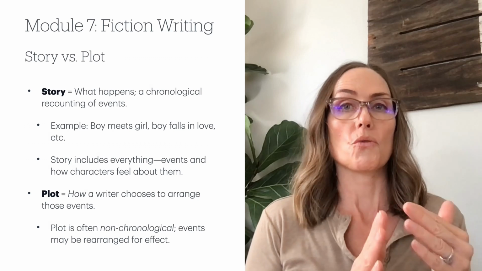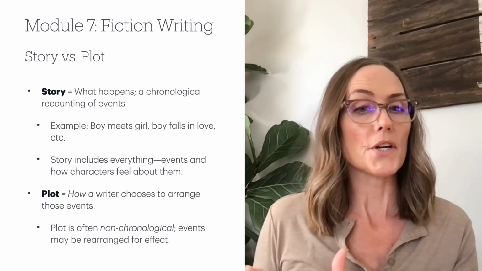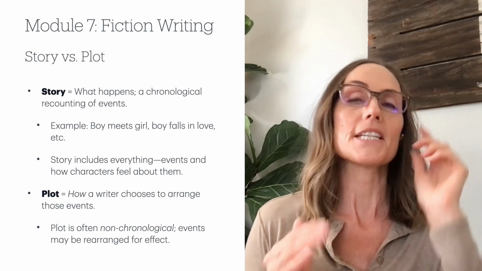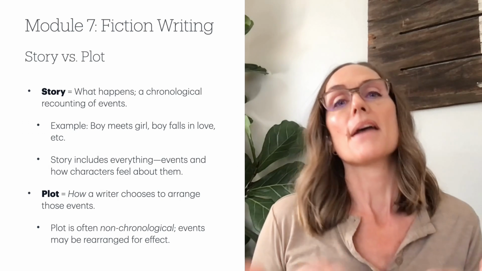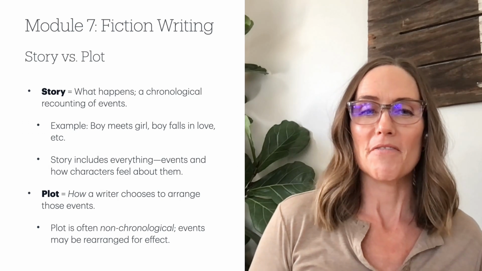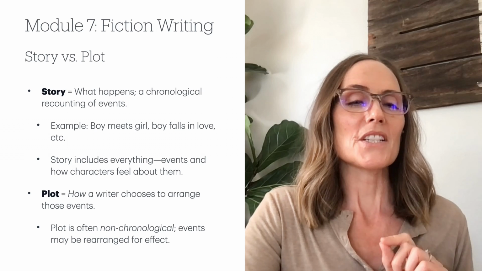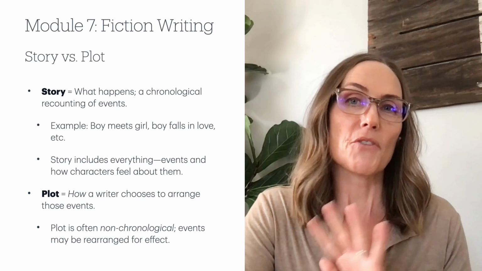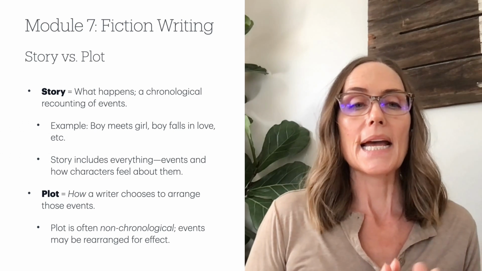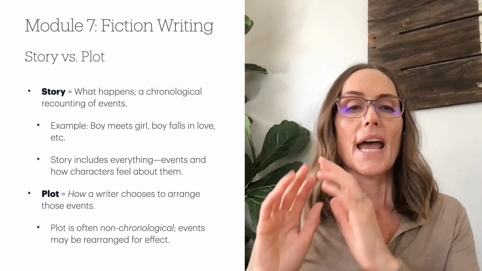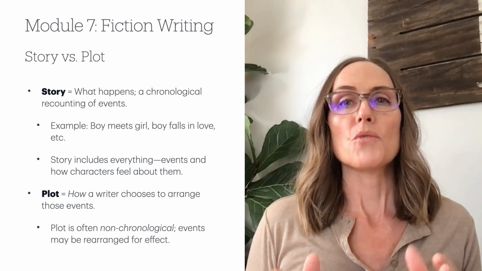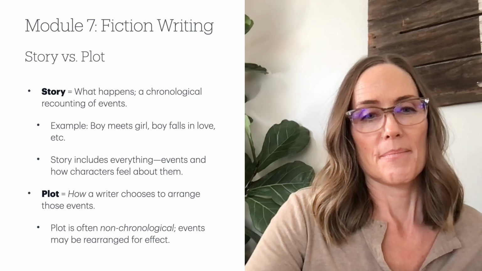Sometimes we tell the story with the events a little bit out of order, and we do that because we're intentionally choosing to do that to create a certain type of effect. So, we're going to talk a little bit more specifically about some different ways that you can take a story and plot it to make it engaging for your reader.